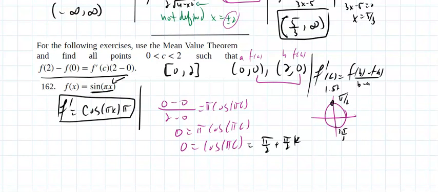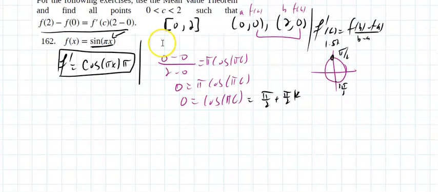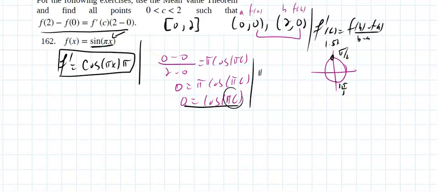Now let's see how this works. So where does the cosine equal 0? That's when the angle pi c equals pi over 2 plus pi k.